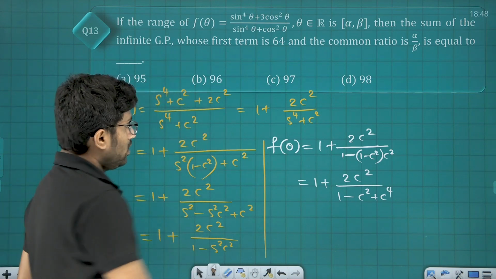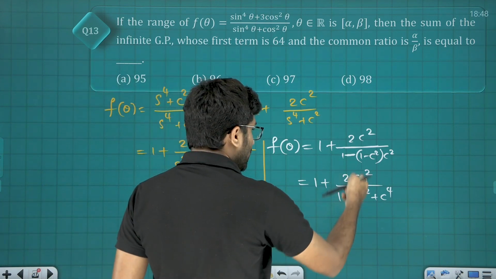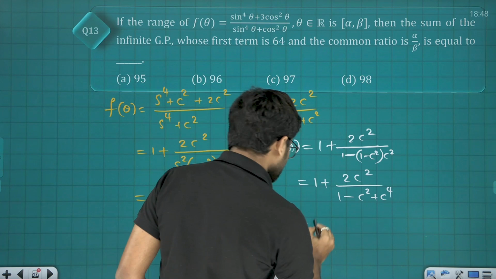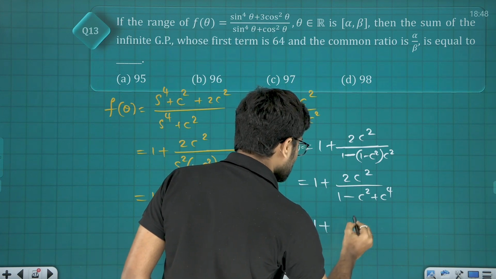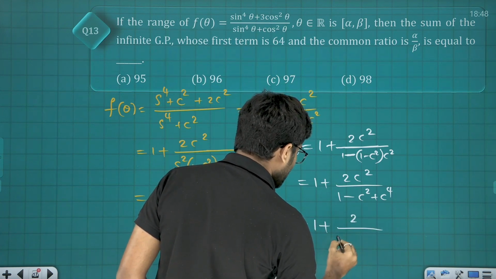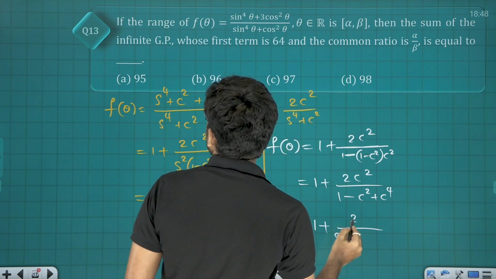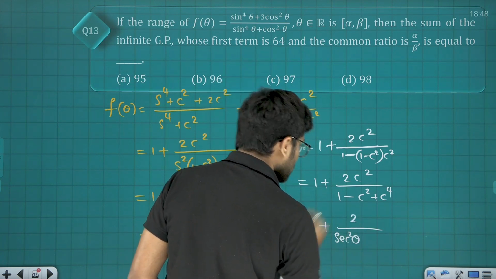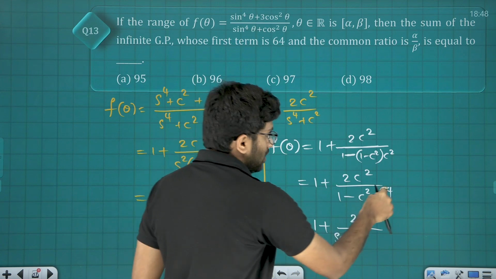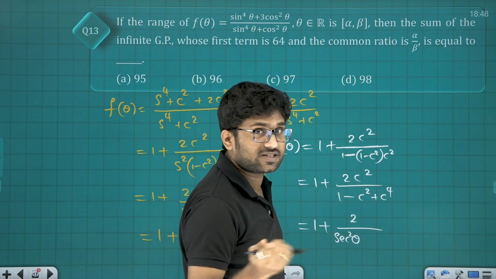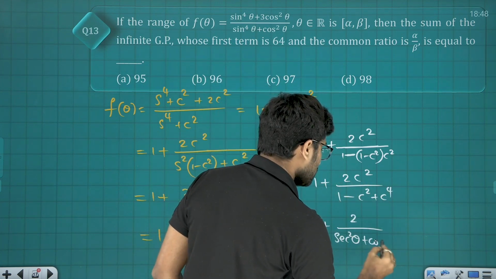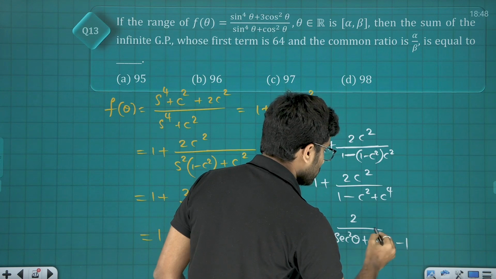Okay. Let's divide both numerator and denominator by cos square. So we get 1 plus 2 divided by 1 by cos square, which is 1 by cos square is secant square theta, plus cos power 4 divided by cos square is cos square theta, minus 1.